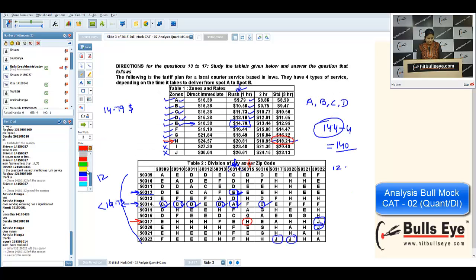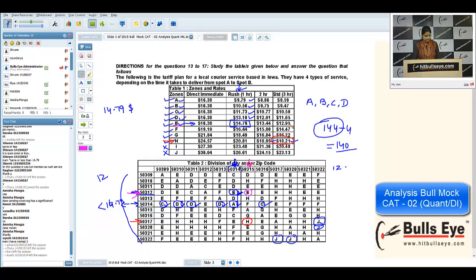This is 5312 and this is 5315. This is E. Cost is less, that's why we can mark this option. Is it okay now, Ayush? Is it okay?